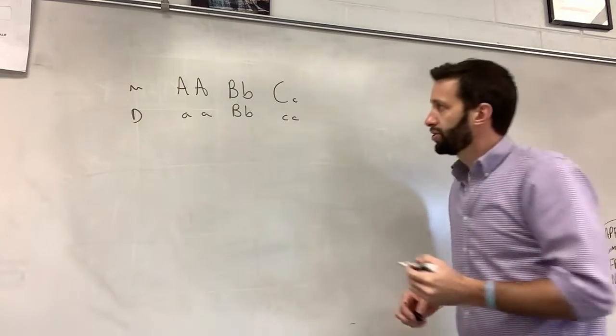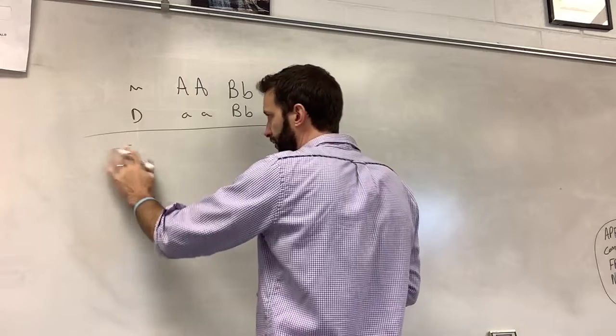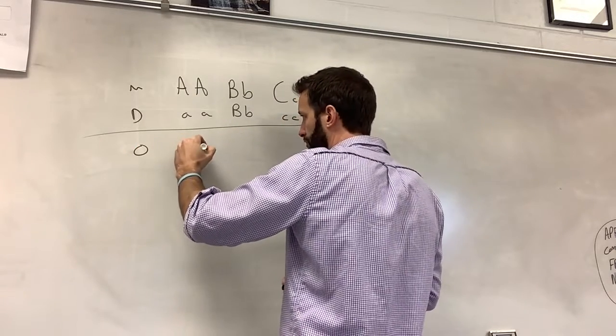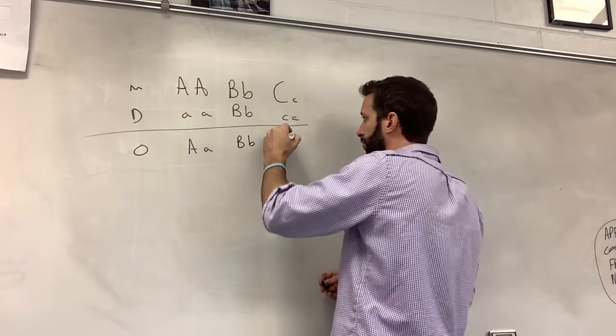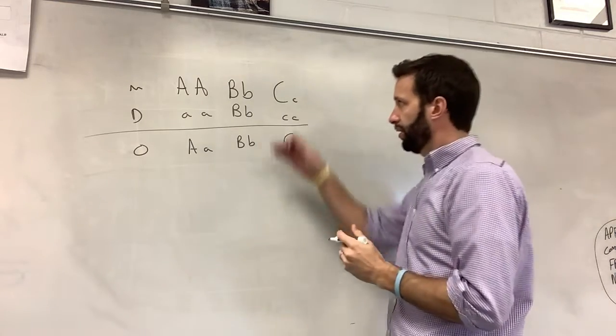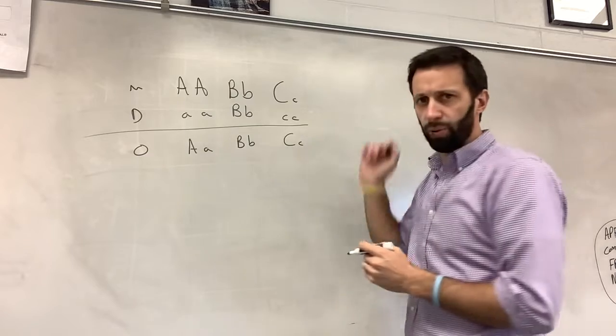Okay? So here's what I want to know. What is the likelihood that those two parents will have offspring that are big A, big B, big C, little c? So what is the probability that these two parents will have an offspring with these traits?